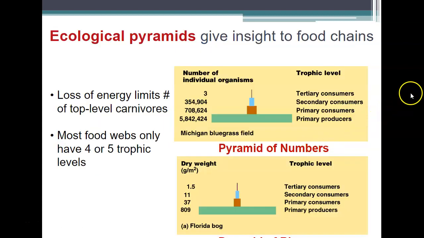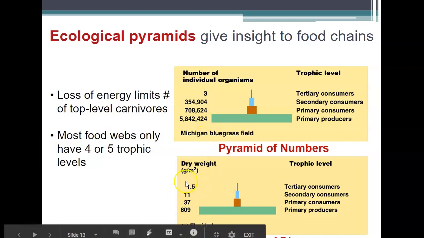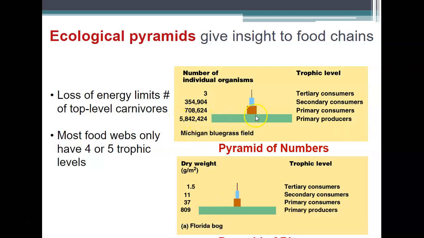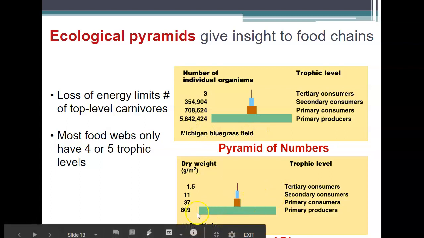And this picture highlights that too. This is a pyramid of just sheer number of organisms. And this is a pyramid of biomass, meaning how much weight. So even though there's maybe a ton of blue grass, this is how much it actually weighs collectively.